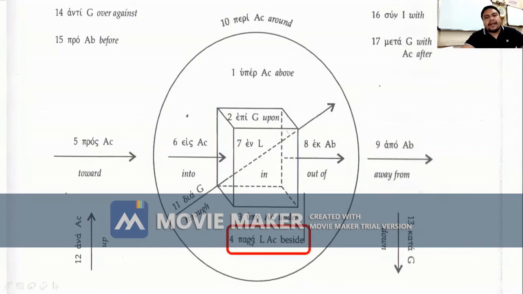Fourth one is para. It is beside, just beside the object. Of course, that is para. Next, number 5 is pros, towards the object. So that is pros. It's far from the object, that is going towards the object. The sixth one is eis. So eis is also into.